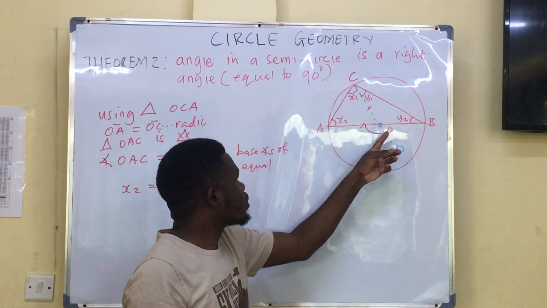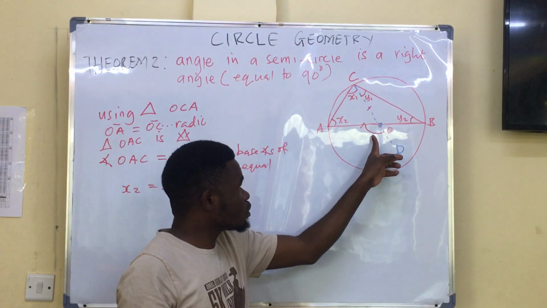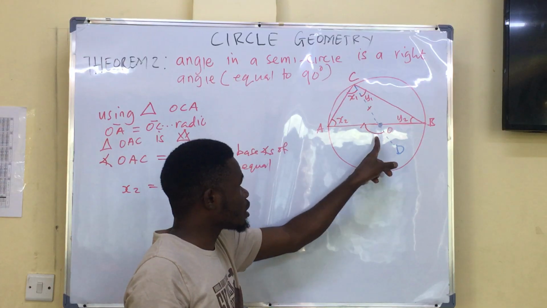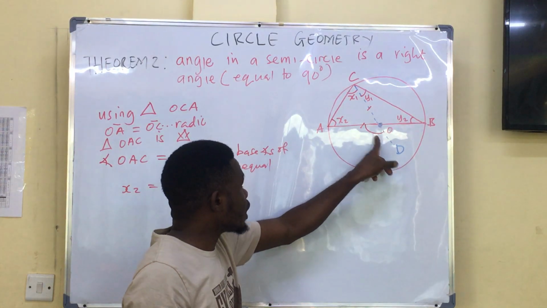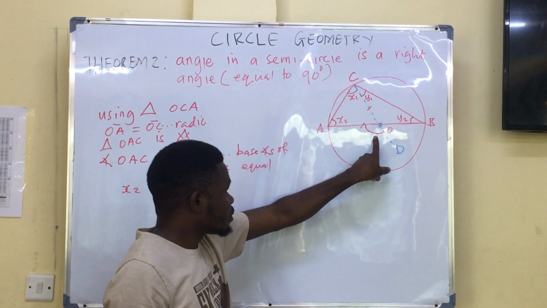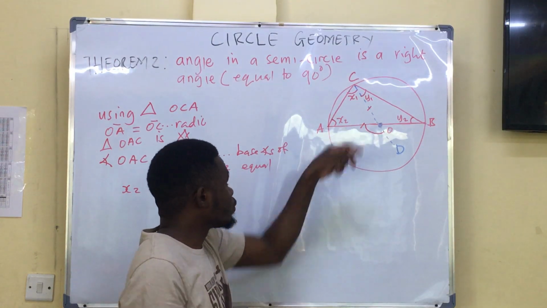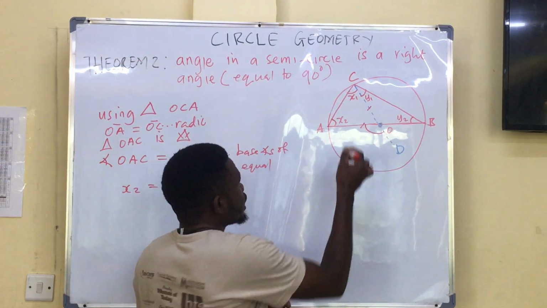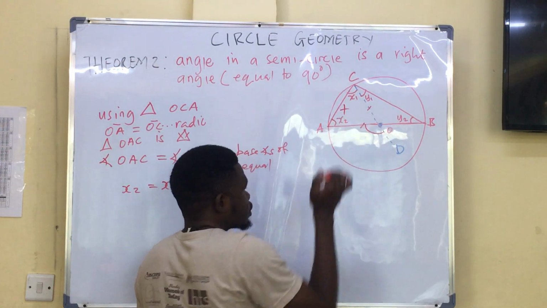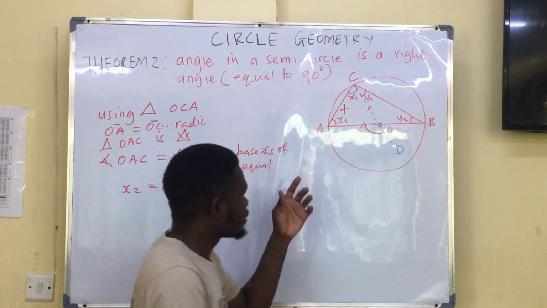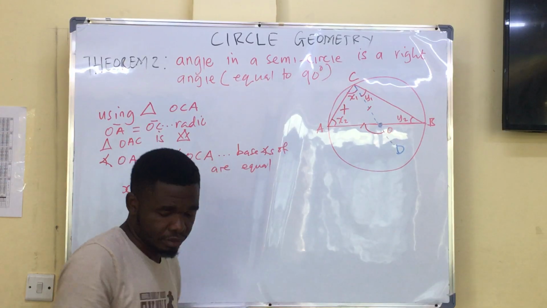The triangle OAC. To find the value of this exterior angle, we need to add this angle and this angle, x1 and x2. Are you getting me? Yeah, I think we have got it. Fine. So let's do that.